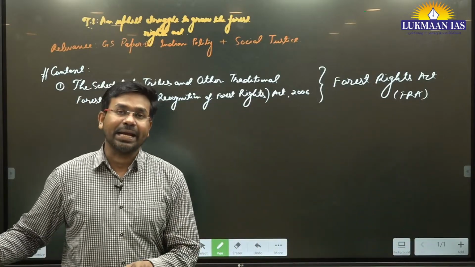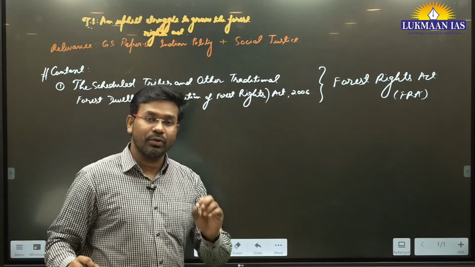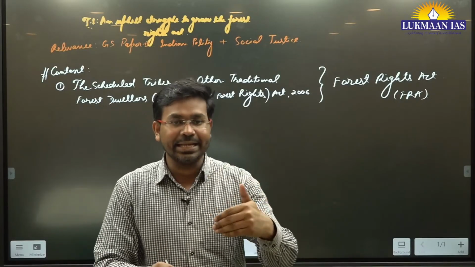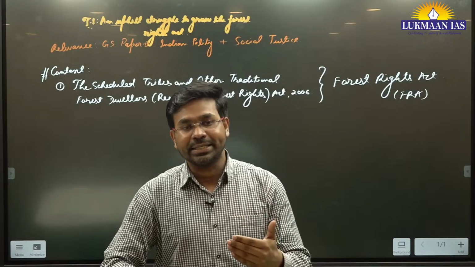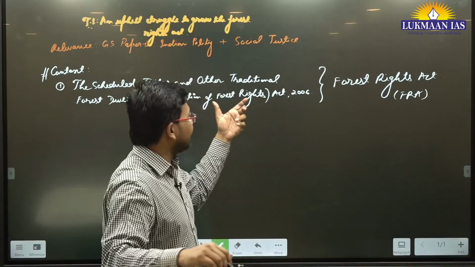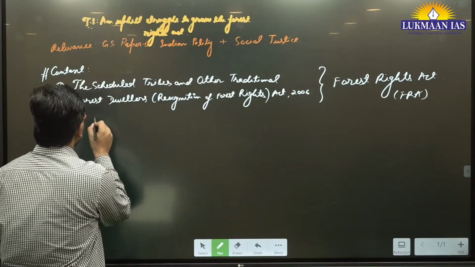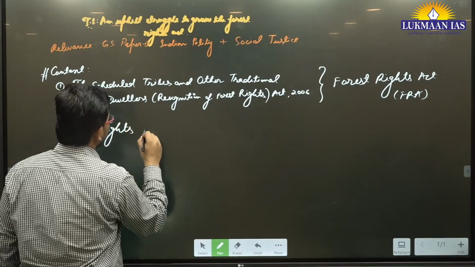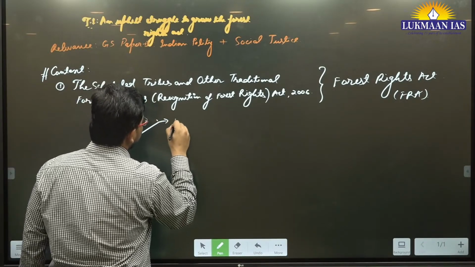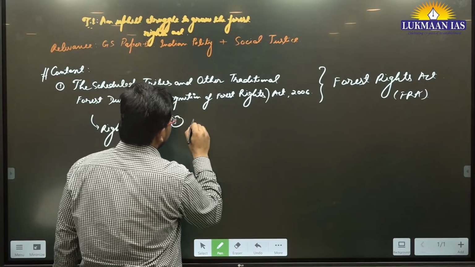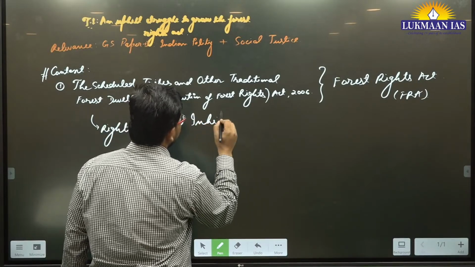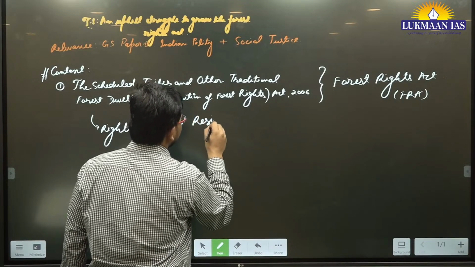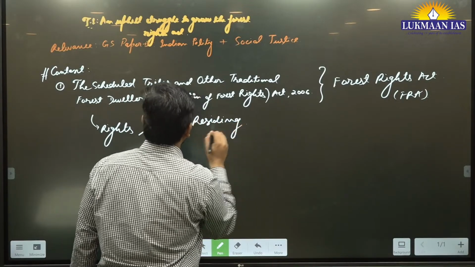This act was enacted for the purpose of recognizing the rights of the tribal people who reside in the forest areas. What rights are being recognized? Number one, rights related to inhabitation, or residing in forest area.